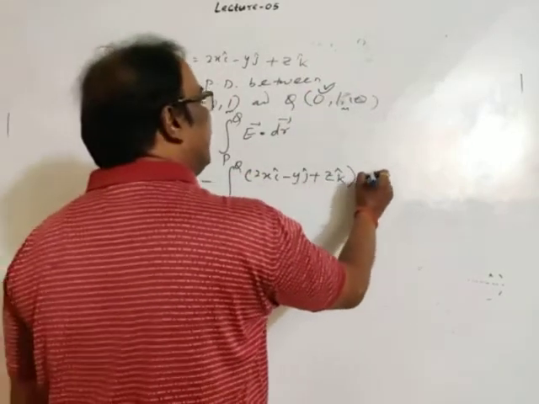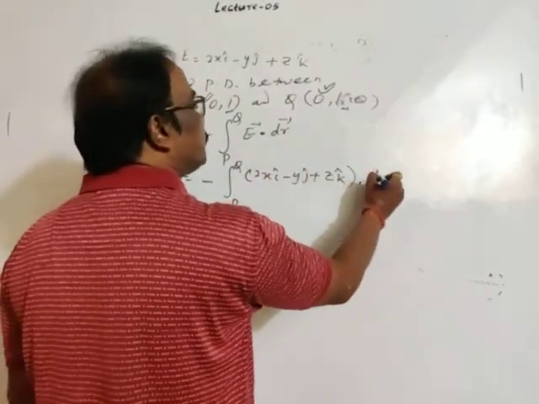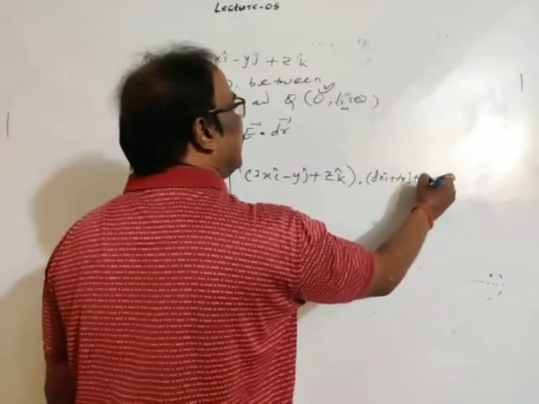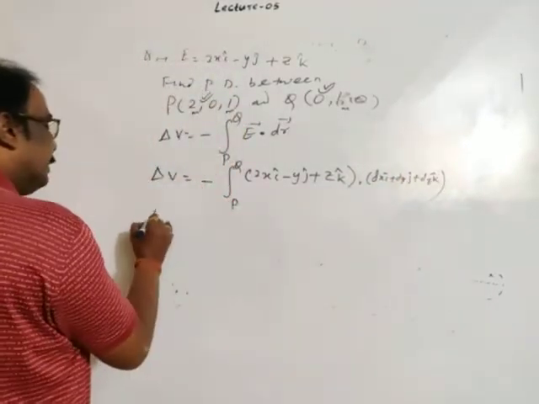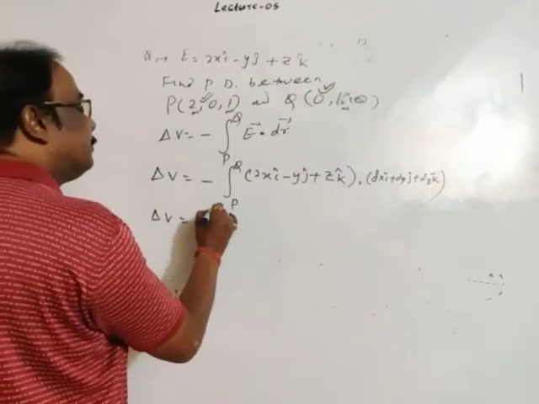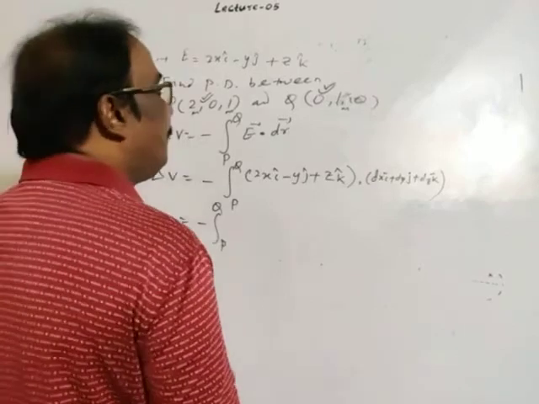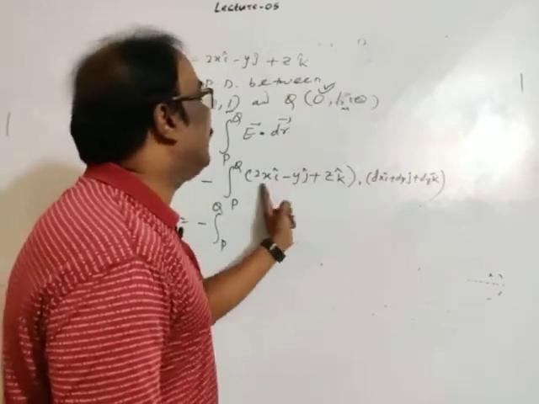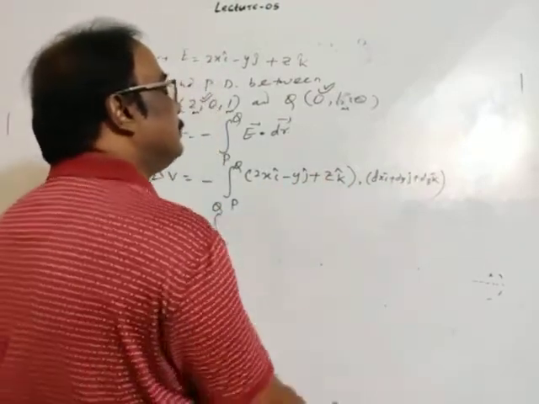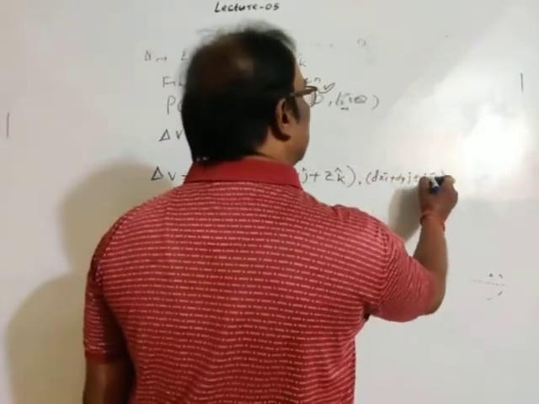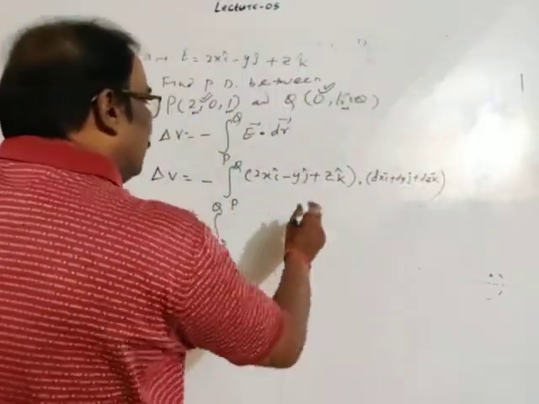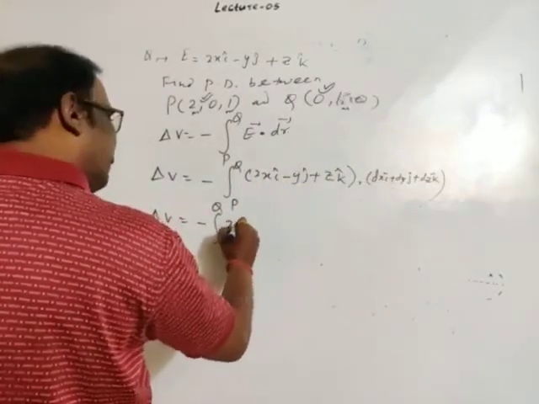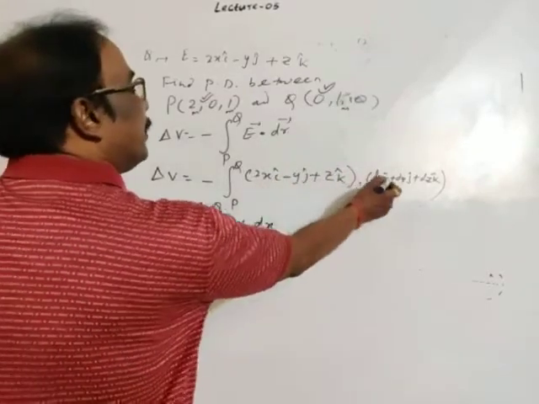Then in place of dr we can write E dot dr, with dr as dx i cap plus dy j cap plus dz k cap. Then potential difference is minus integral P to Q. Then 2x i cap dot dx i cap will come 2x dx, since i cap dot i cap is 1.